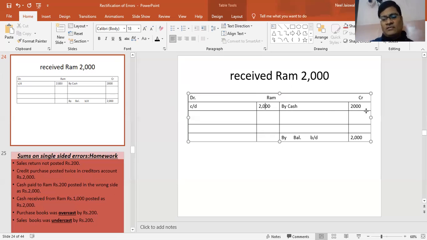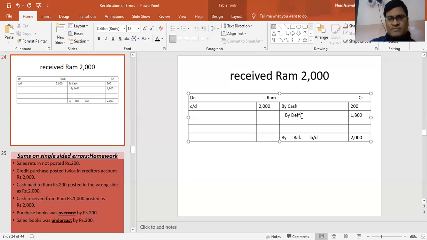As he has recorded only 200, by cash 200, I have to record 1800 more over here in order to make it a 2000 balancing figure. To record 1800 means I have to credit this. There is a deficiency on this side.